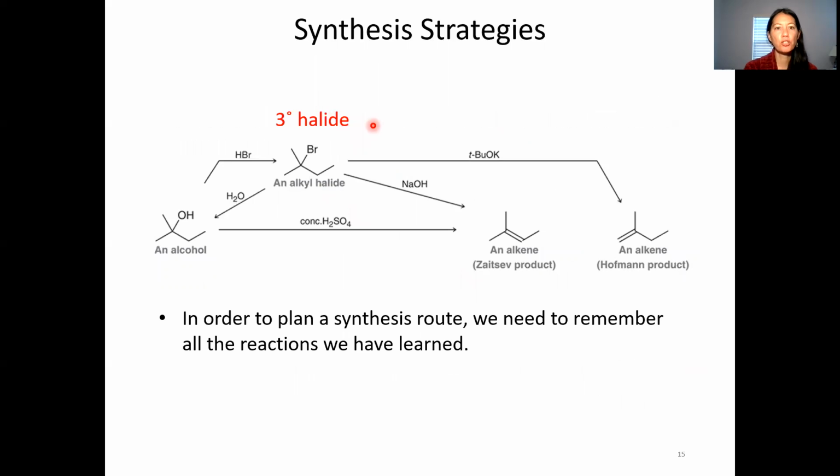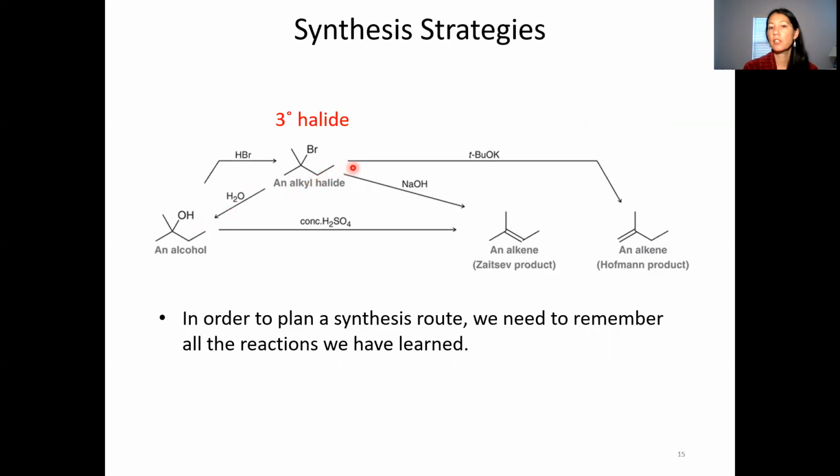If you had a tertiary halide, sorry, if you have a tertiary alcohol, you can convert that to the corresponding alkyl halide. And then if you wanted to go the other direction, you could just add water in a solvolysis.